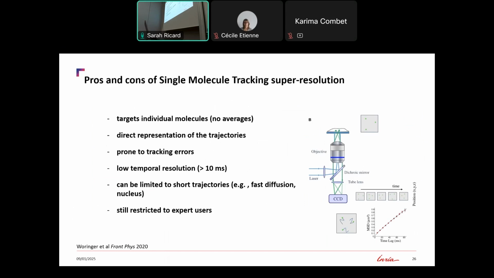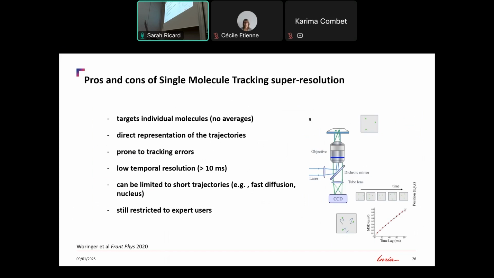And you have a low temporal resolution. It's very difficult, even nowadays, to look at trajectories that are less than 10 milliseconds apart, right? So maybe 10 milliseconds looks small for you, but for biology, 10 milliseconds is really long.